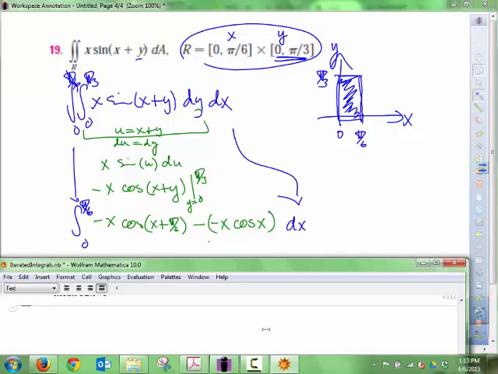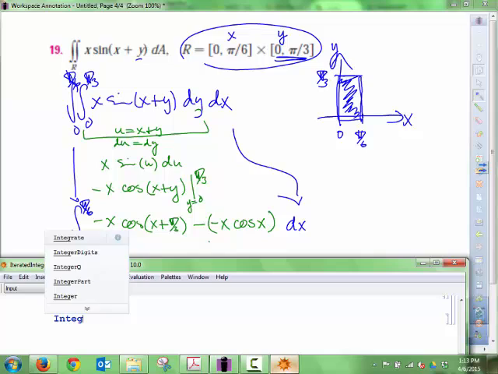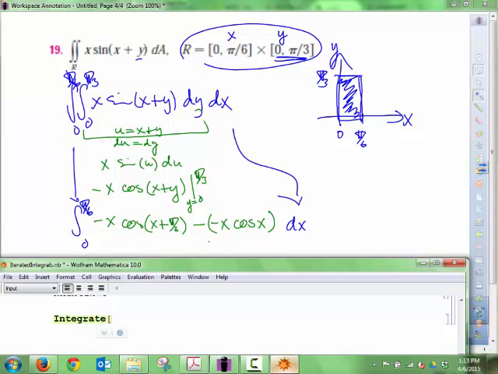So let's just integrate this. Let's integrate. I'm going to put the whole thing here kind of blindly without simplifying.